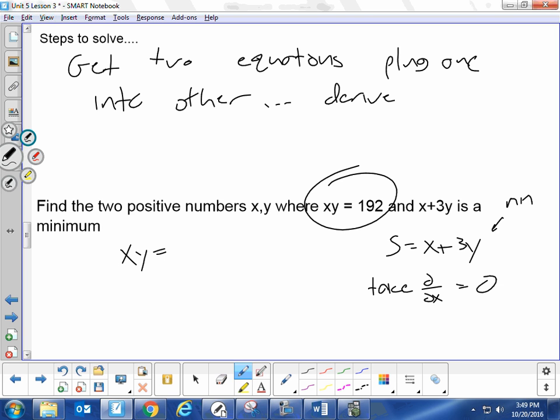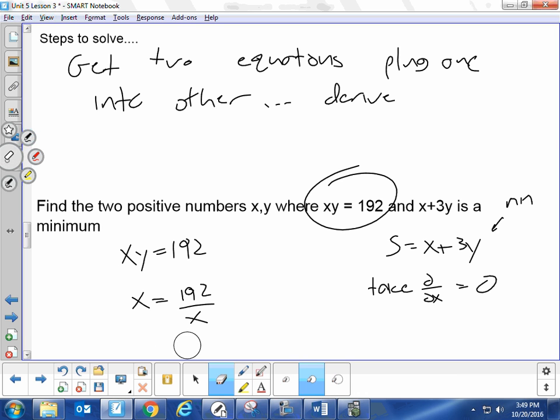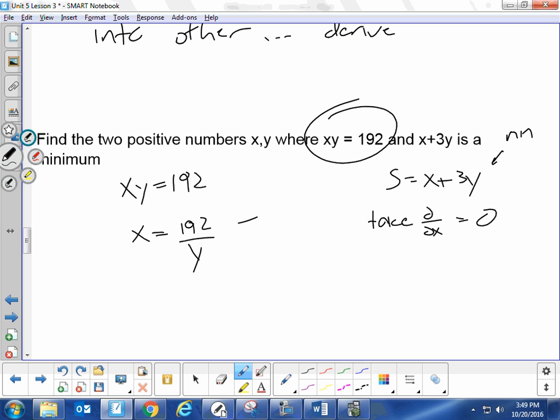This is kind of like my supporting equation, where I actually can figure out what one variable is in terms of another. X is 192 divided by y. And I actually can take that and plug it into this to get that.